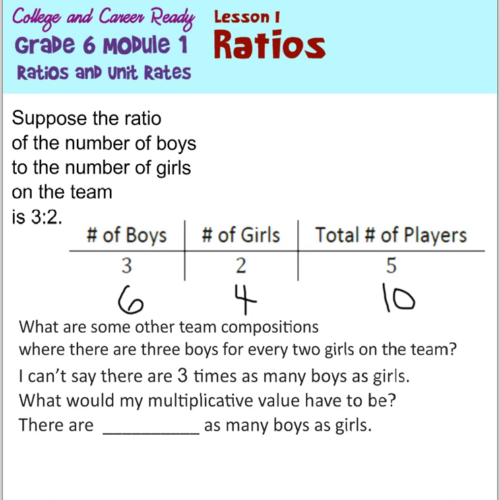But you notice this is not a multiplicative relationship. I can't say, well, there are 3 times as many boys, because 3 times 2 is not 3. So we need to look at that ratio to make that multiplicative value. What ratio do we have happening there? Our ratio actually is very closely related to the numbers on our table.